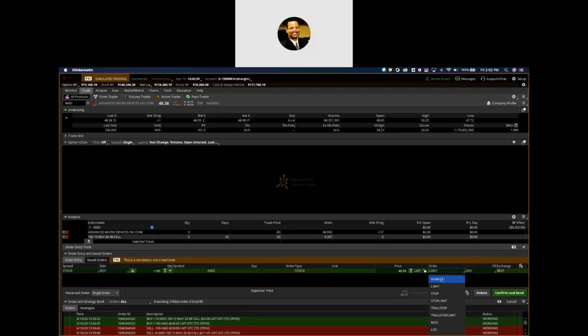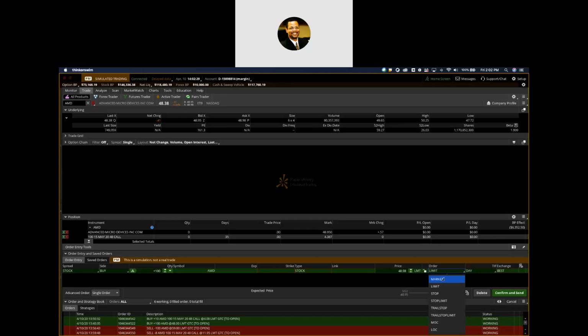A market order type means that, hey, listen, I just want to get in the trade. Whatever the market is trading at when the market opens, just get me in. And then it'll automatically get you in for whatever number of shares or contracts you're trying to get, based on the market rate at that time.